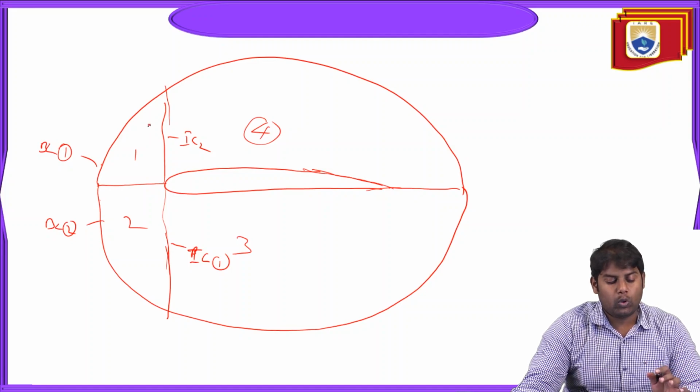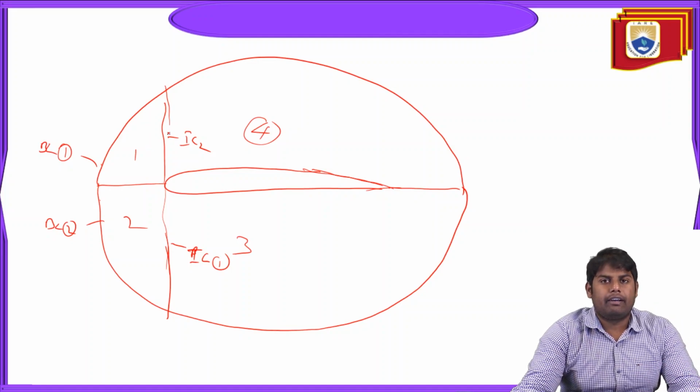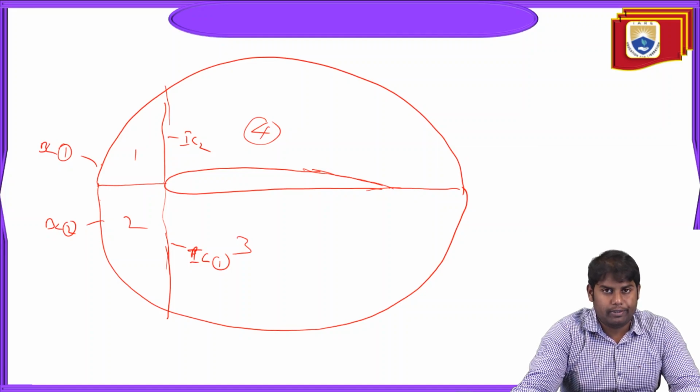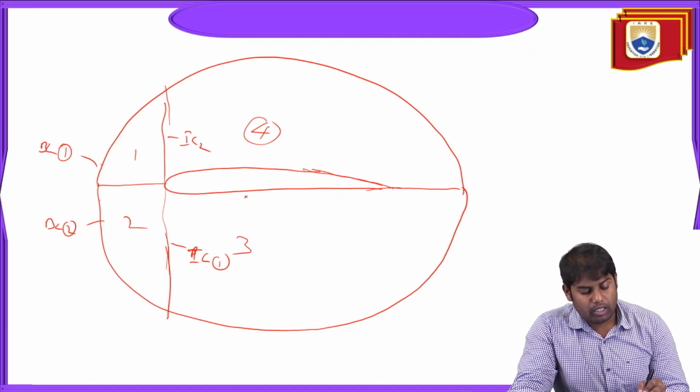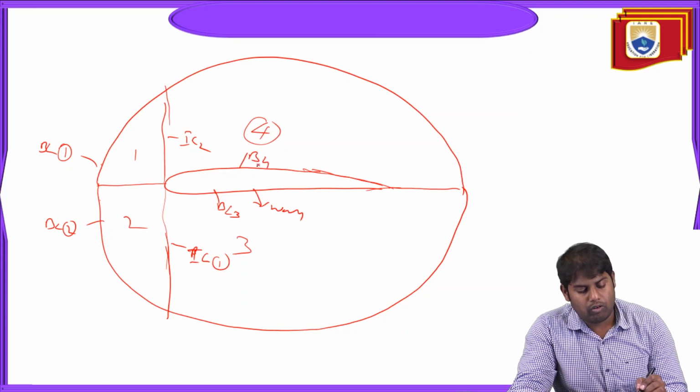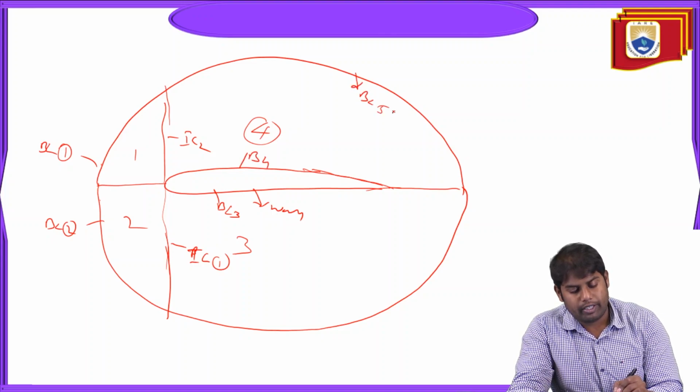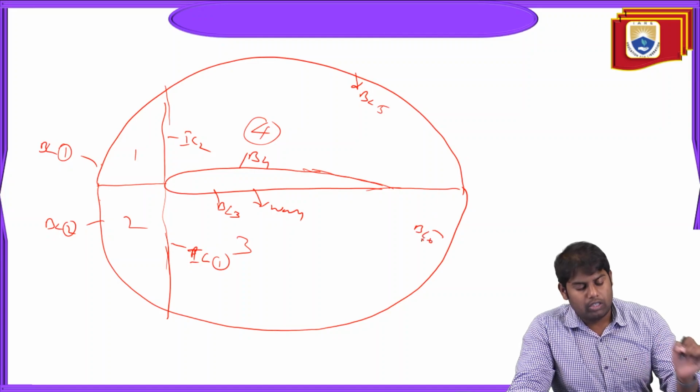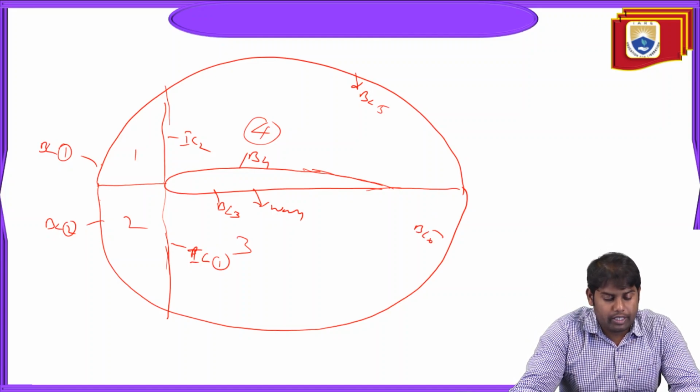Basically they are joining two different domains, so this will not affect the simulation actually. So no need to worry about that. Since this is a wall, this is boundary 3 and boundary 4. This is boundary, let's say 5. This is boundary 6. So all these 6 boundaries we have seen, we have to give the boundary conditions for them: BC1, BC2, BC4, BC3, BC5 and BC6. So we have to clearly mention what those boundaries actually are.